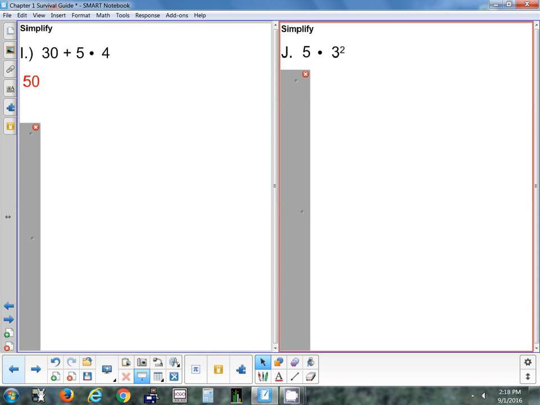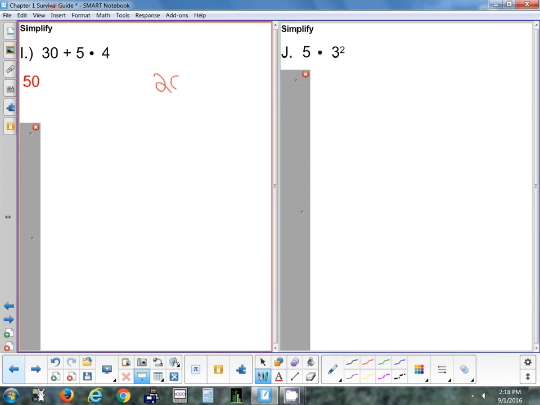What else do we have for an operation in this problem? We have multiplication and what else? Addition, right? So multiplication comes before addition. Perfect. So we're going to get 5 times 4, 20. Bring my plus sign down to my 30. 30 plus 20, 50. Perfect. So again, that's just a simple order of operations problem.